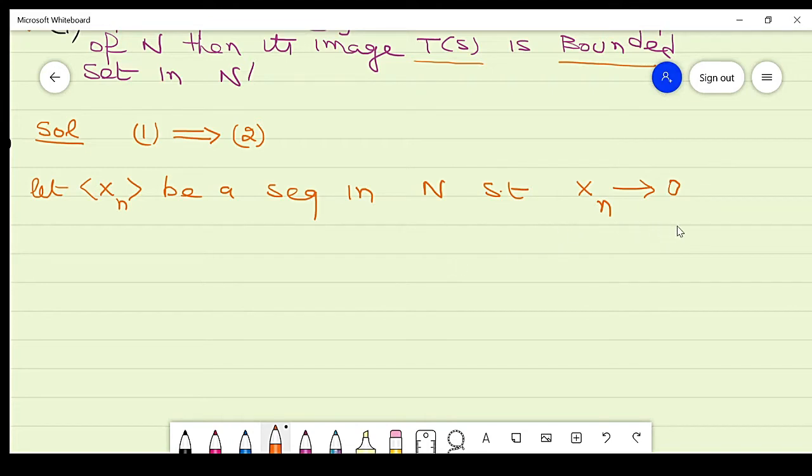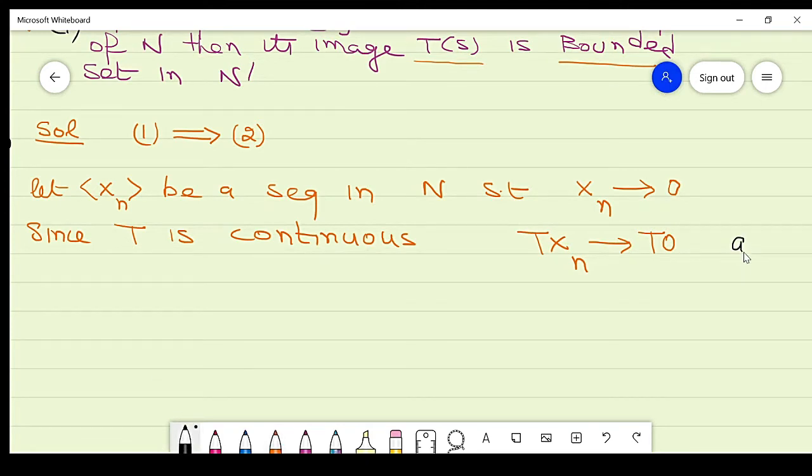So my purpose is to prove that Txn approaches 0. Now by definition of continuity, since T is continuous, T of xn approaches T of 0, clear, as n approaches infinity.